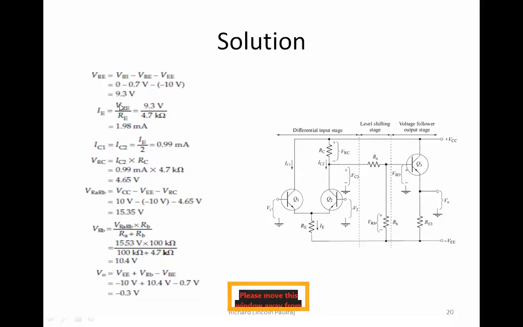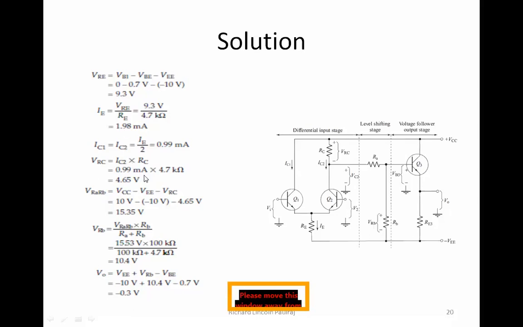Once I get this, the next thing is to find out the current across resistance RE. So how do I get current? V is equal to IR. I know what VRE is, I know the value of RE, so it is simple for me to calculate the current. So IE gives me about 1.98 milliamps.